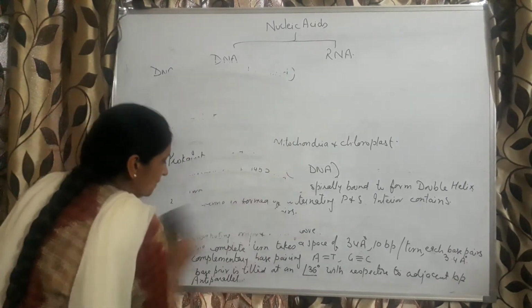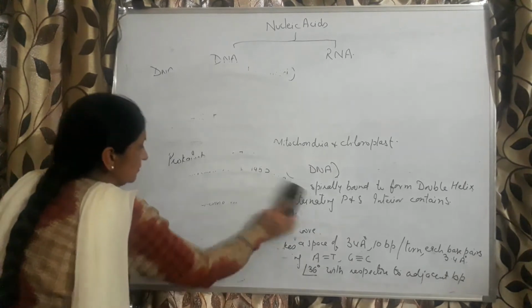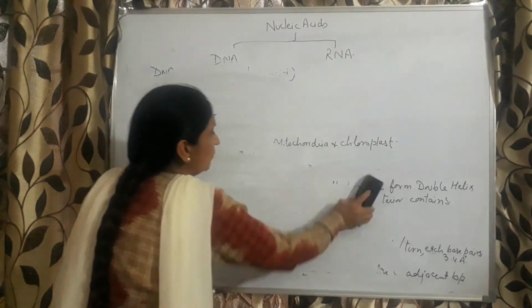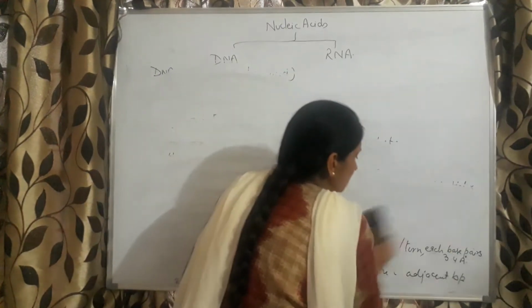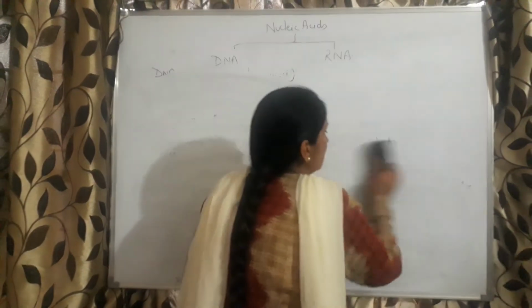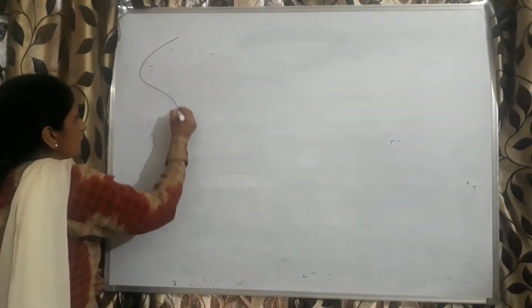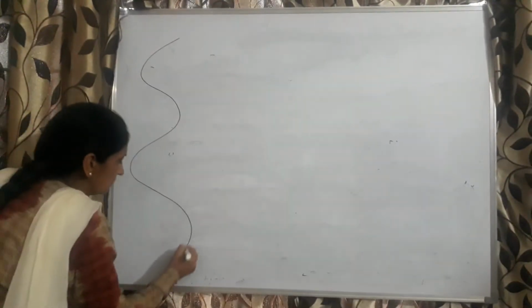Now we will draw this Watson-Crick model, and we will also study at the molecular level how these two chains are anti-parallel to each other. So now just see. This is one polynucleotide chain.